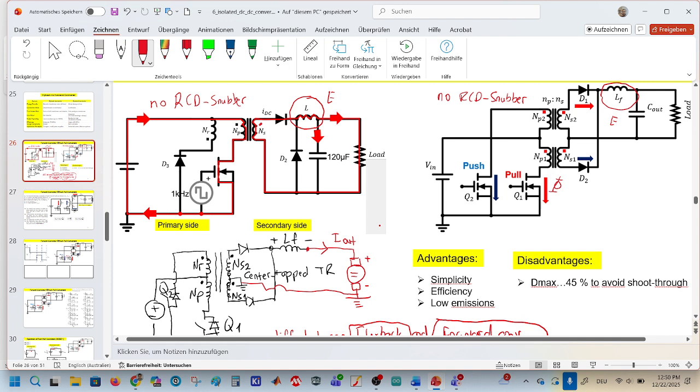And for the forward converter, these two components were used for demagnetizing of the core.